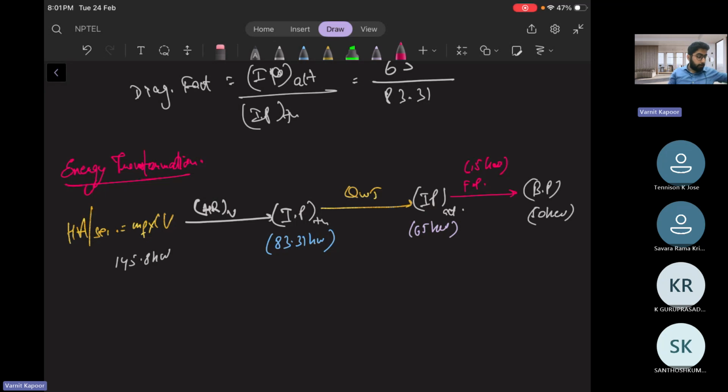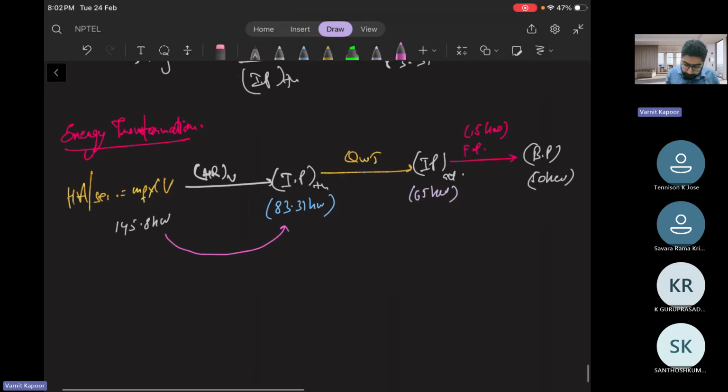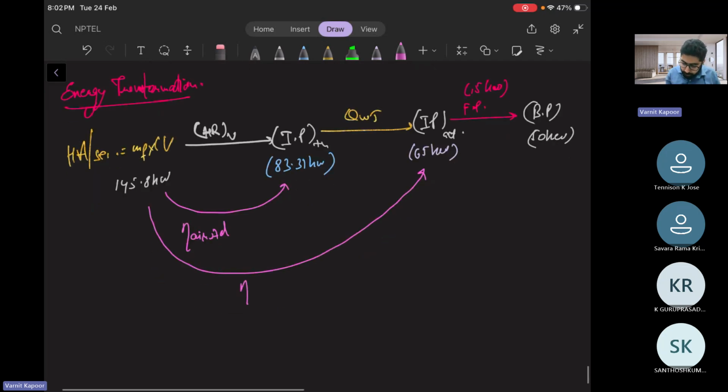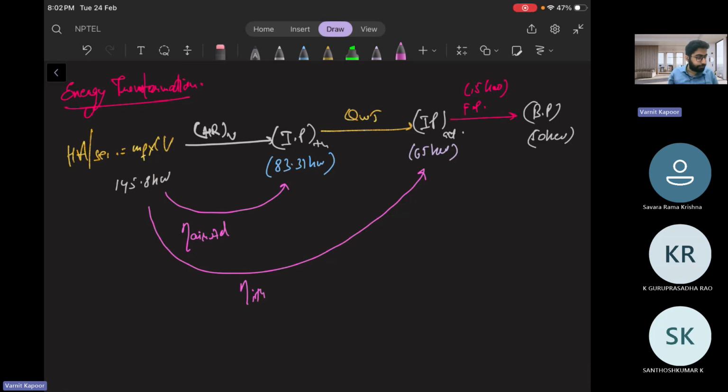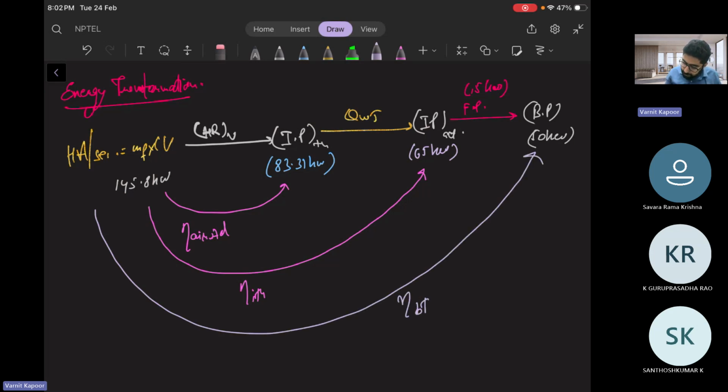So from this conversion to this conversion, let me show you. Heat added to this is giving you the air standard efficiency. From this to the actual scenario, it is giving you indicated thermal efficiency. From heat added to brake power is giving you brake thermal efficiency.